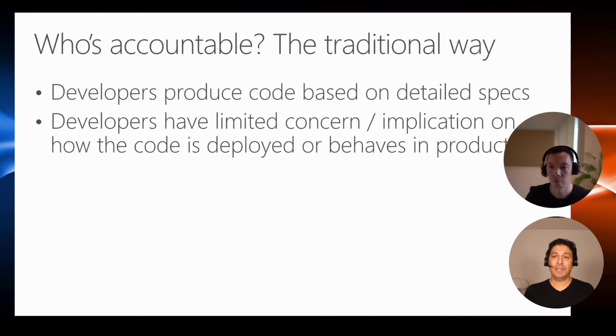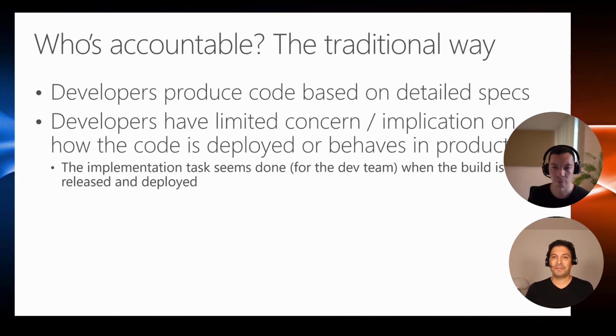And in the traditional way, the developers produce the code based on specifications that were given to them by the manager or by the business unit that wants some new feature, for example, or a new application. And historically, the developers have limited concern and implication on how the code is run and deployed after they finish coding the application.